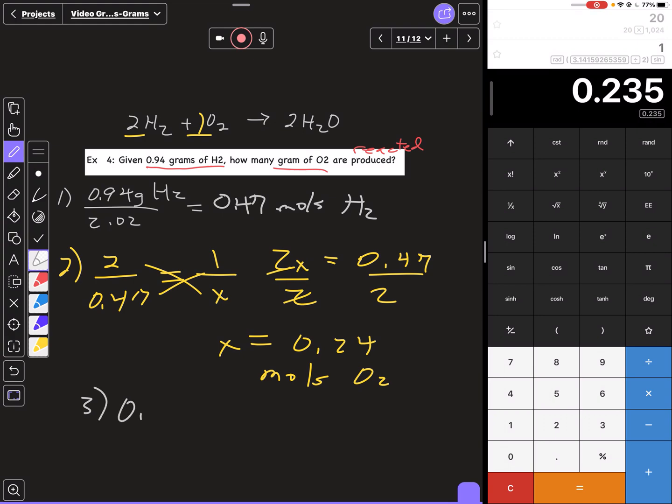I take 0.24 moles of O2, I need the molar mass of O2, which is 32.00. I get 7.68, and that will be grams of O2.